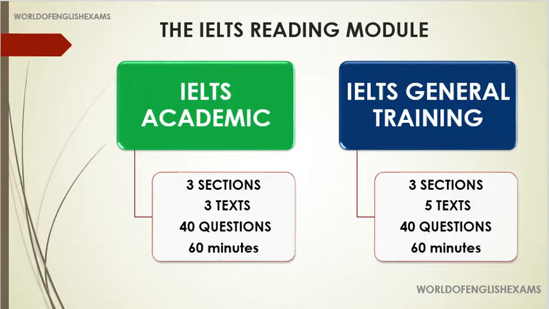In both the academic reading as well as the general training reading, we have 3 sections in which you will need to answer 40 questions, which are divided into 3 texts for academic students, whereas in the general training test you will be asked to read 5 comprehension passages. The time limit is strictly followed, guys, and it is 60 minutes or 1 hour.